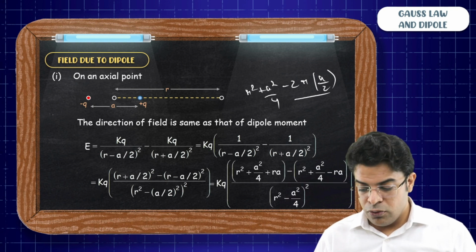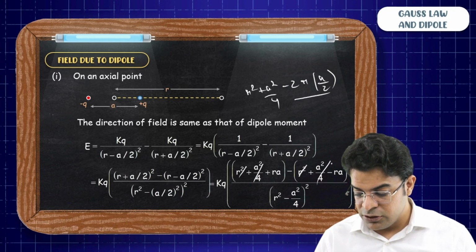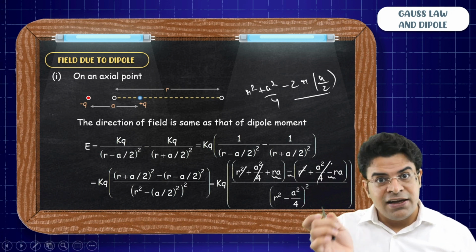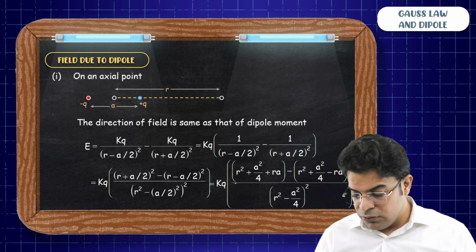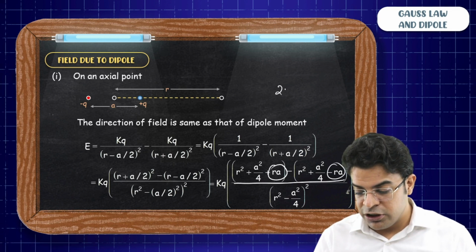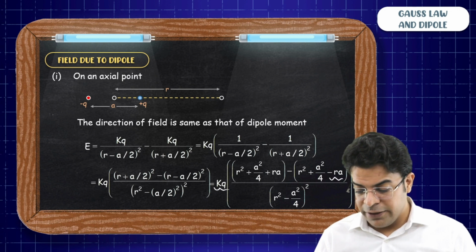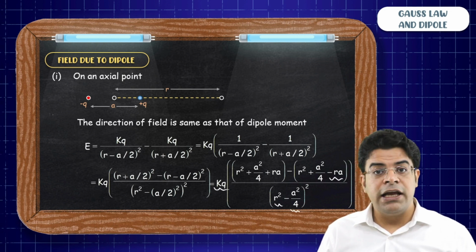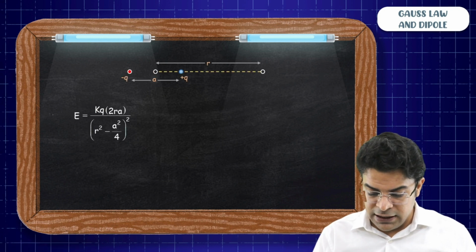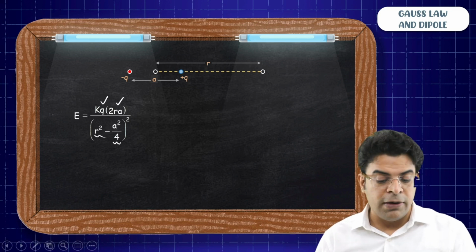So when you open up the second bracket, the minus gets cancelled. Here you have ra, here you have minus of minus ra, that again becomes ra. So when you do the calculation, ra plus ra becomes 2ra in the numerator. So you get kq into 2ra upon (r square minus a square by 4) whole square. So the net electric field equals kq into 2ra upon (r square minus a square by 4) whole square.